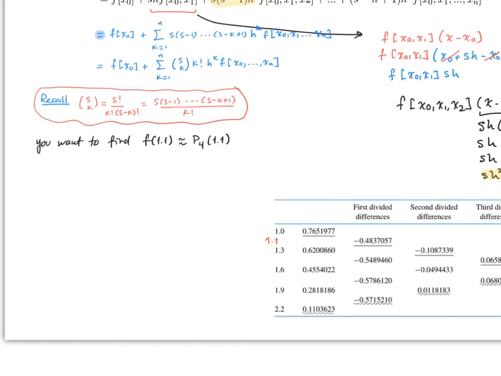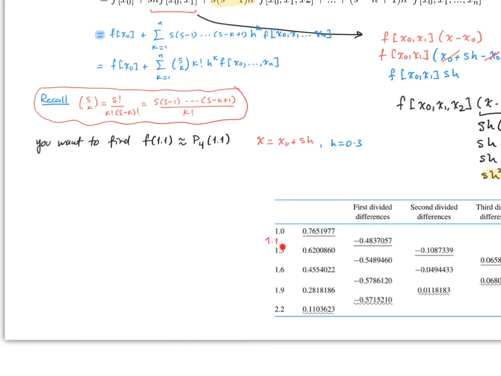Now remember that x was equal to x0 plus sh, and in our case h is equal to 0.3. Why?